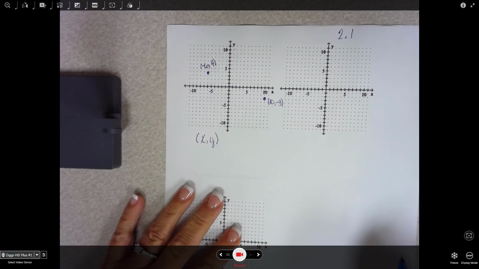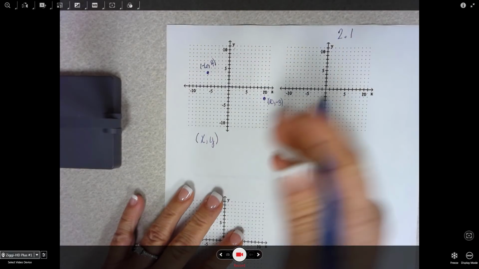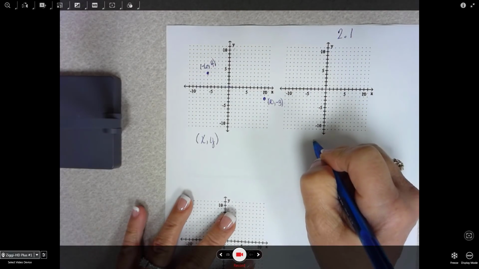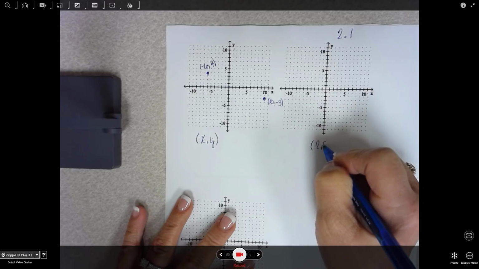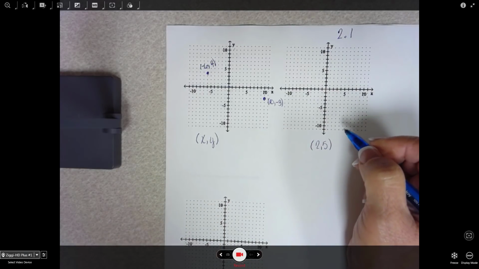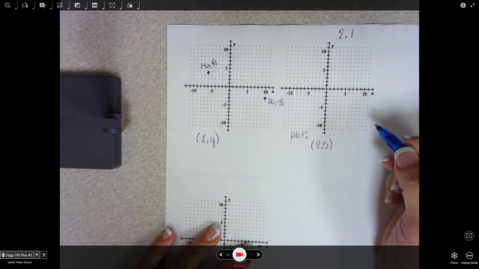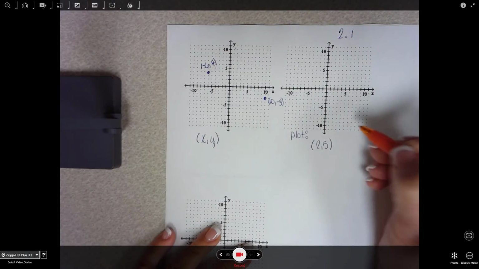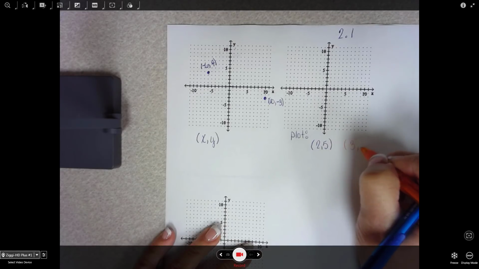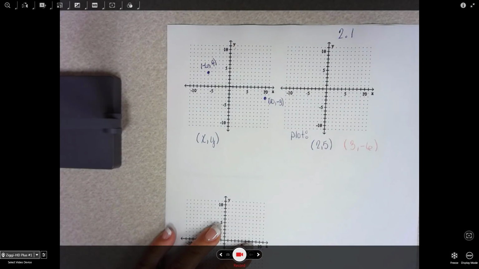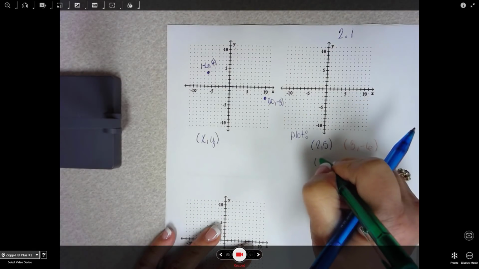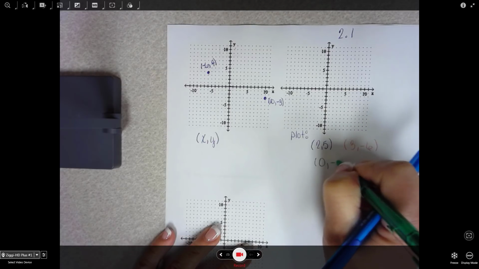Let's graph some points the other direction. So let's graph, or plot, 2, 5. In this case, we're plotting points. So let's plot 2, 5, 3, -6, and 0, -4.